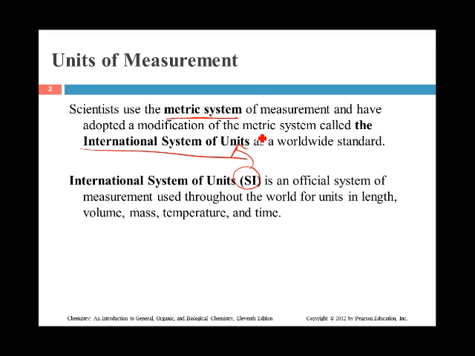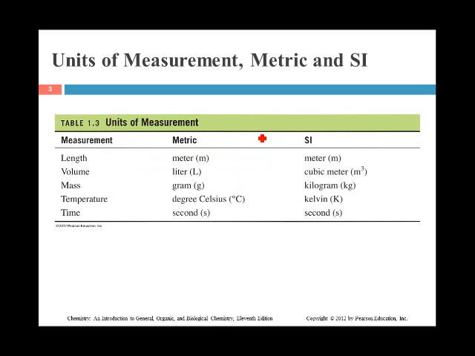SI units, however, is a system that's been derived by scientists specifically so that they can communicate throughout the world and all refer to the same units. And they are the same probably about 60% of the time or so, but there are some differences that you'll have to be aware of.